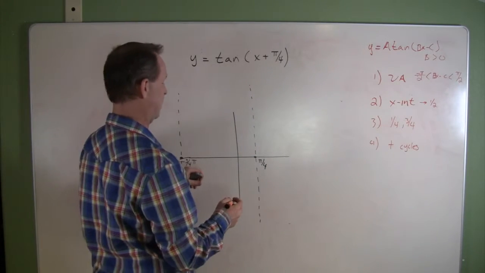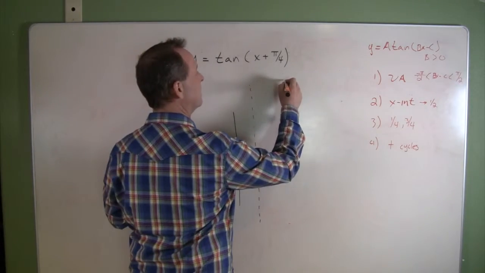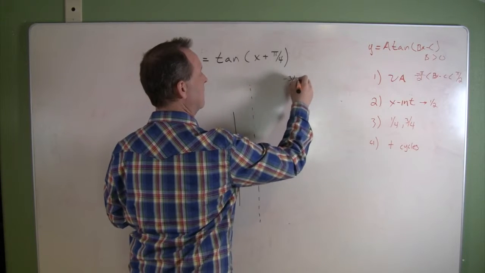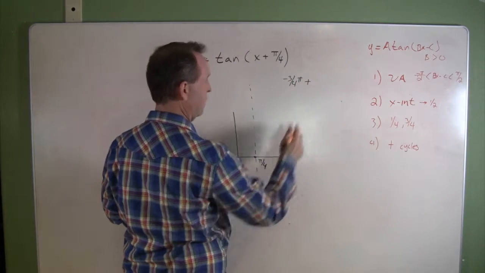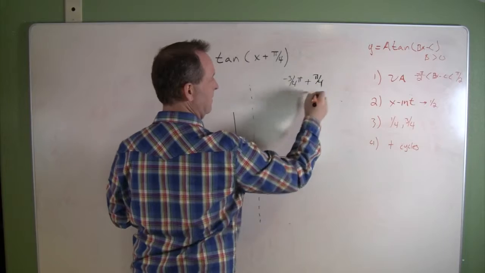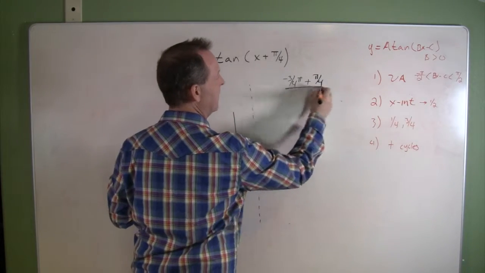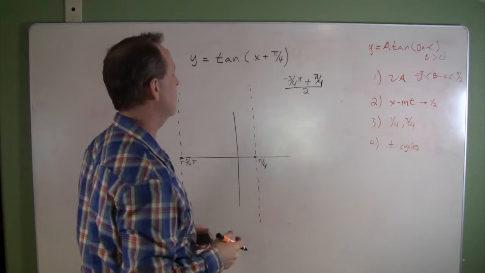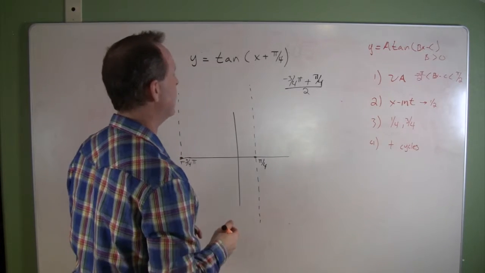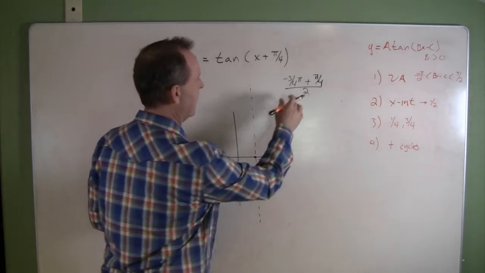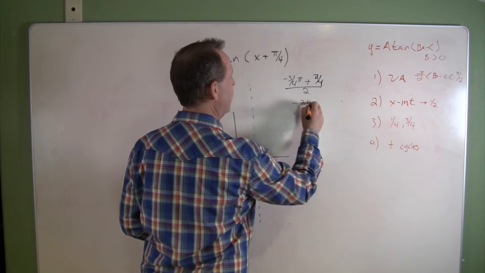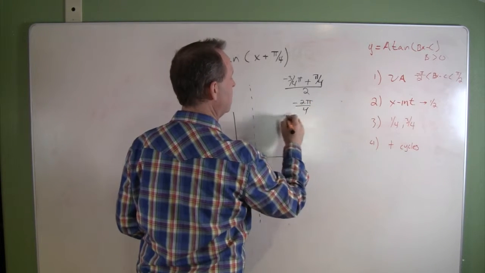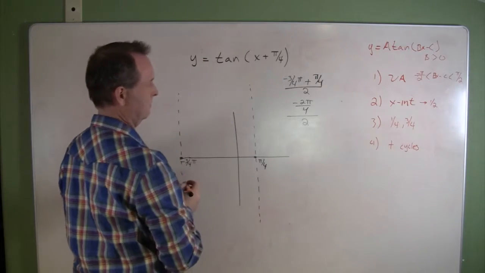So let's take minus 3/4 pi plus quarter pi. To find the midpoint, we add them together and divide by 2. So we got some work here, don't we, folks? Add the top, so I get negative 2 pi over 4 divided by 2.